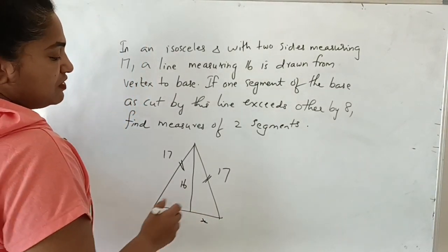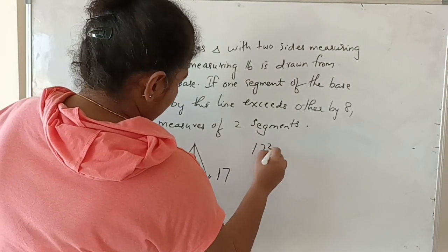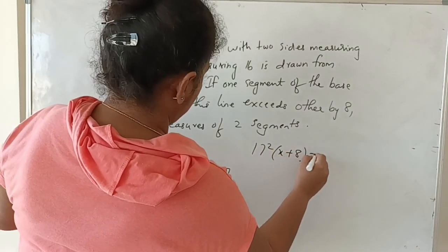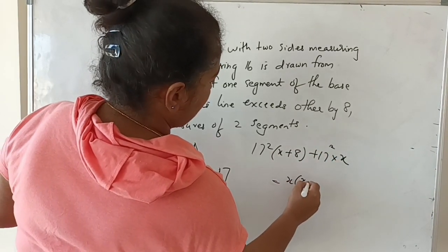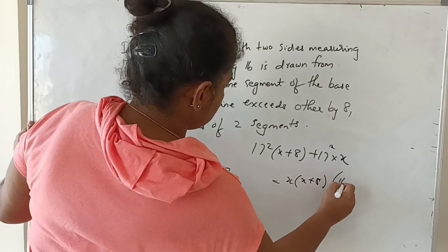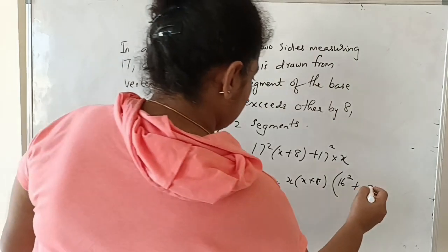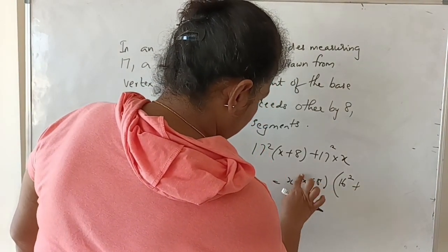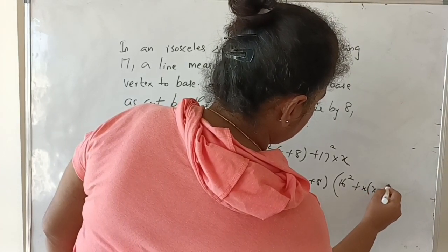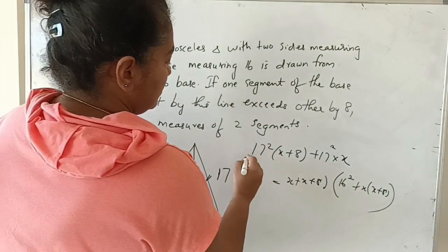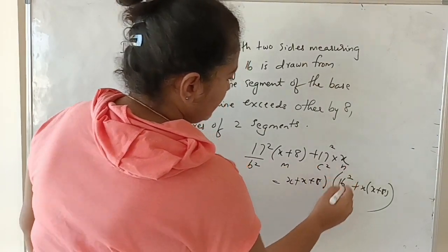Okay, now let's apply Stewart's theorem. 17 square into x plus 8 plus 17 square into x is equal to x into x plus 8 into 16 square plus, sorry, this is x plus 8, x into x plus 8, which is b square m plus c square n.